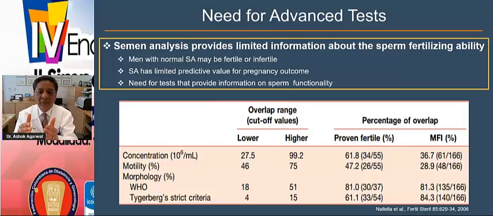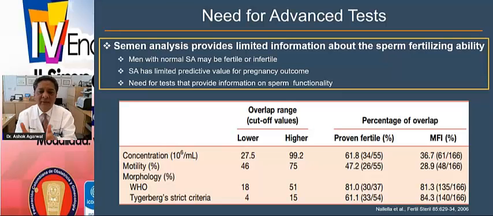On the right side, we have the percentage of overlap that we see within the population of proven fertile men and patients who have male factor infertility. And you can see there is a humongous amount of overlap in the lower range, which is abnormal, compared to those which are higher, which are in the normal range.